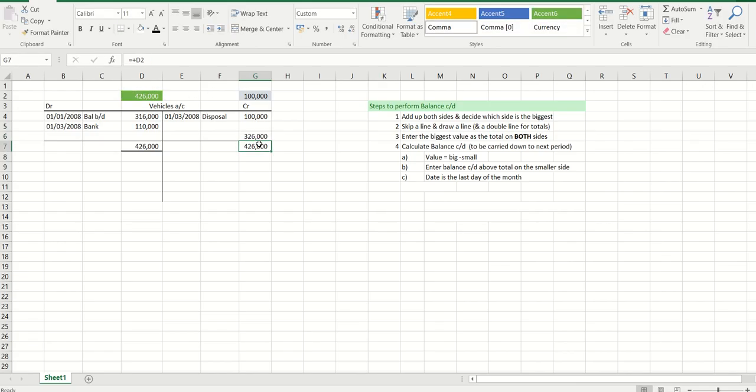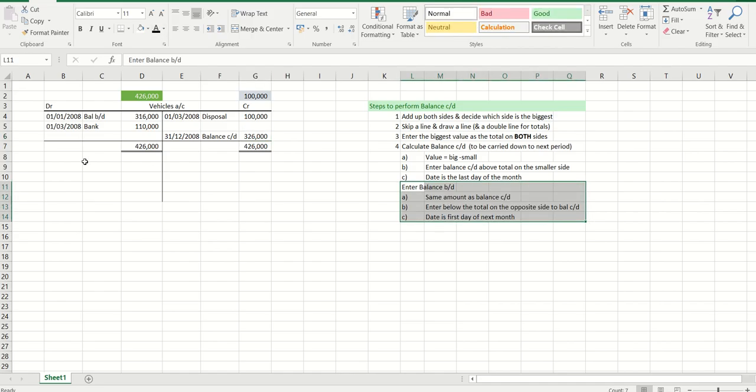So big minus small above the total on the smallest side. Then we give it the last day of the month, or the last day of the year in this one, and we call it balance CD. The balance to be carried down into the new month or year.